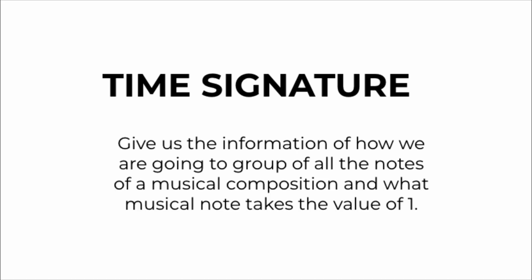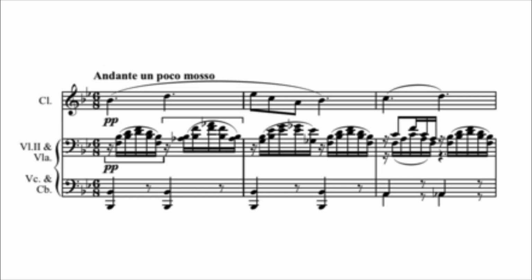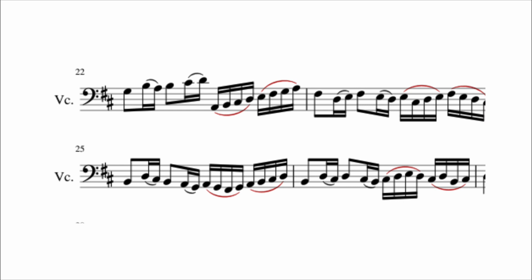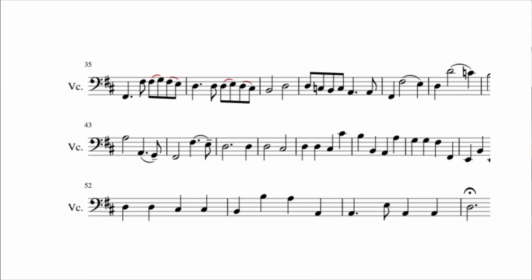Time signature gives us the information of how we are going to group all of the musical notes of the musical composition. Every single note that you see in any measure or any composition, we're going to group together in a specific way.